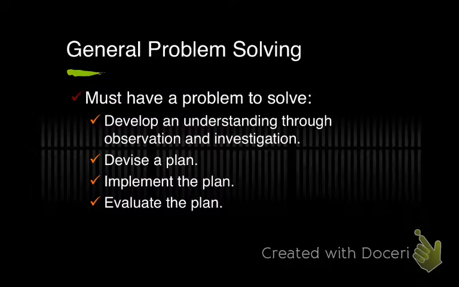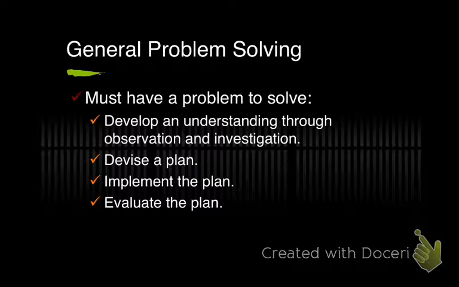Now, first, again, we have these needs or wants. We have this general problem-solving process that we're going to use. And first thing you got to do is understand what you're dealing with. If there's something that you need or something that you want, either out of necessity or out of a problem, we have to understand what we're working with.